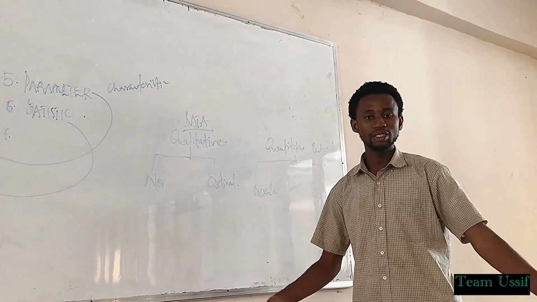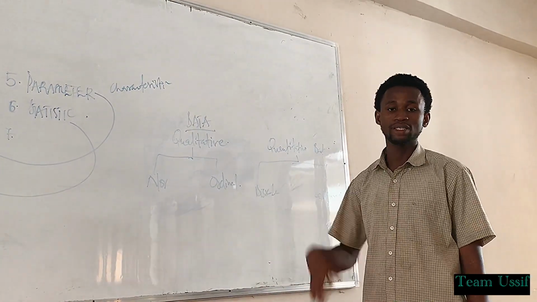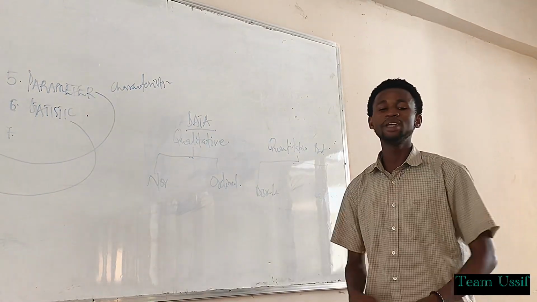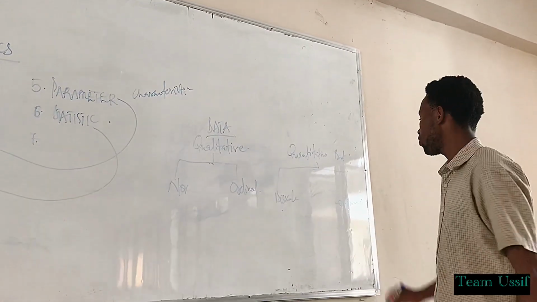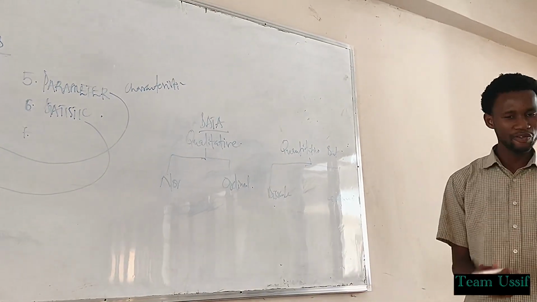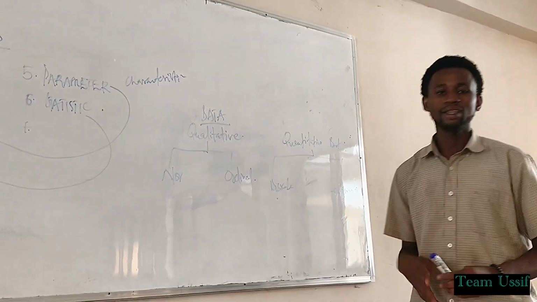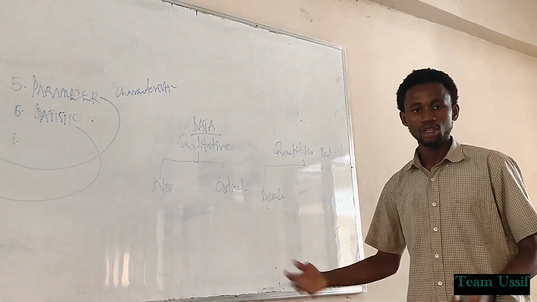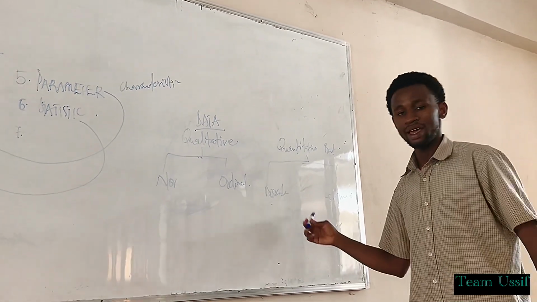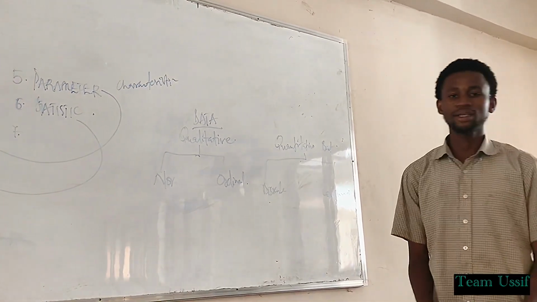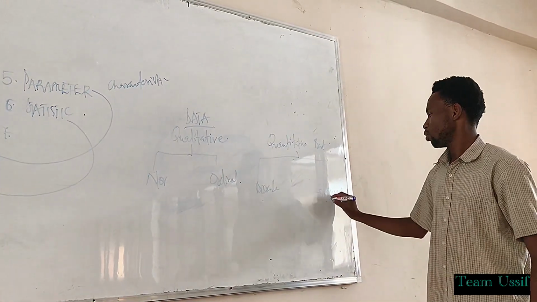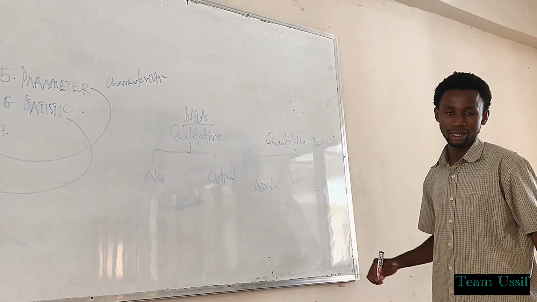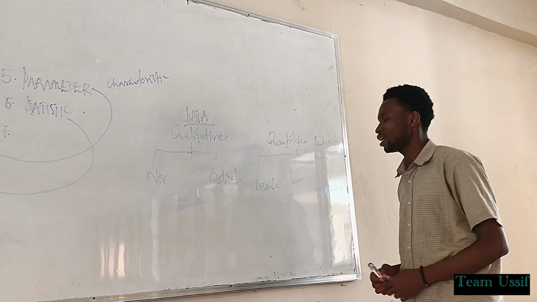The number of students is discrete data. They can be counted, so normally they assume whole numbers. But for the continuous, they are data that can be measured. For example, height, weight, temperature, and all those. They are continuous data.